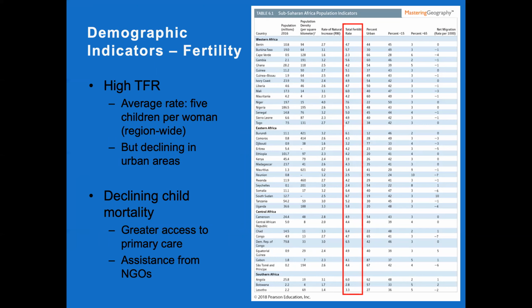Notice, on average, they're declining, but still very high compared to almost every other area of the world. And that's a big deal. Remember, total fertility rate. That is the average number of kids born to a woman during her reproductive years. Okay?